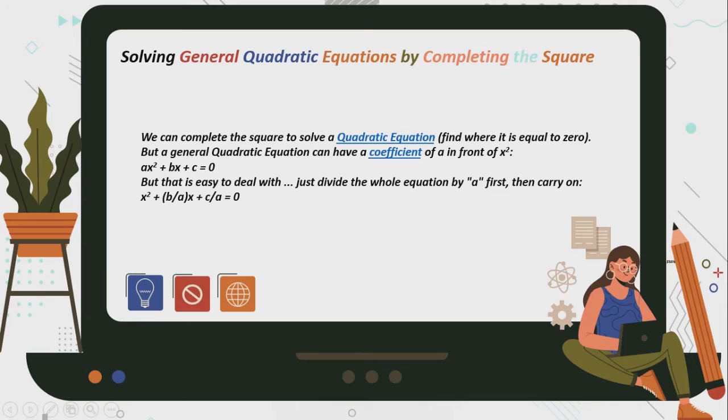But that is easy to deal with. Just divide the whole equation by a first. Then carry on. x squared plus (b divided by a)x plus c divided by a equals 0.